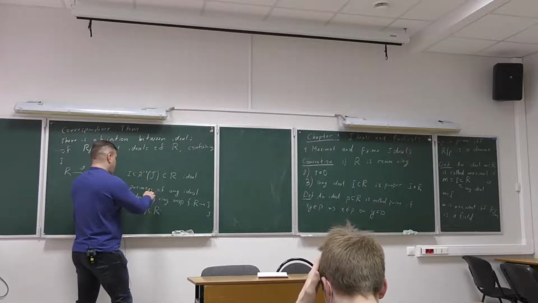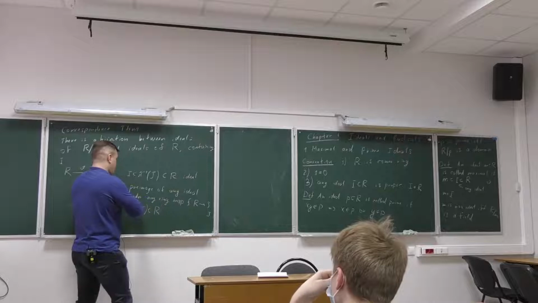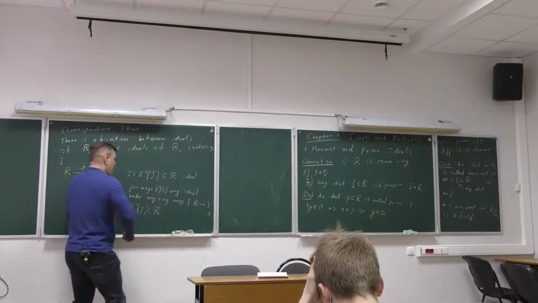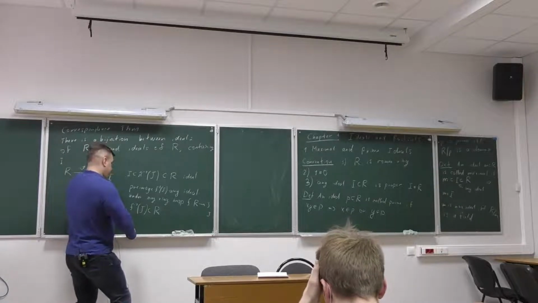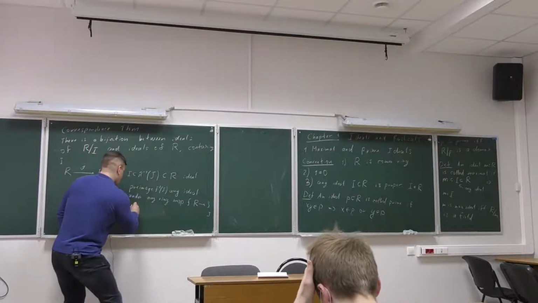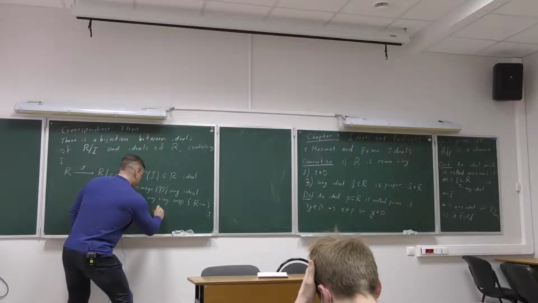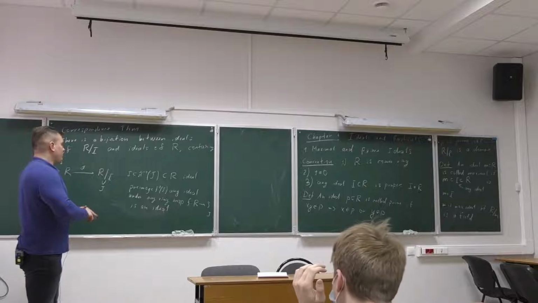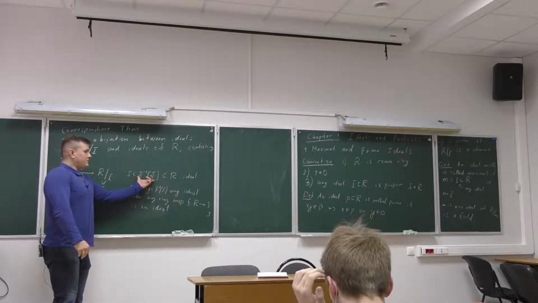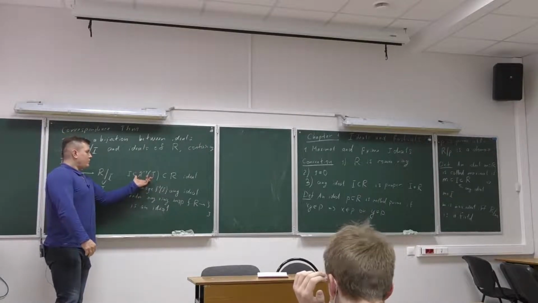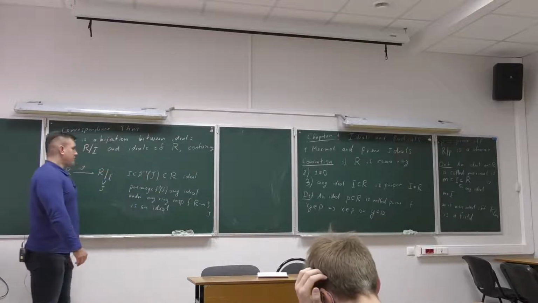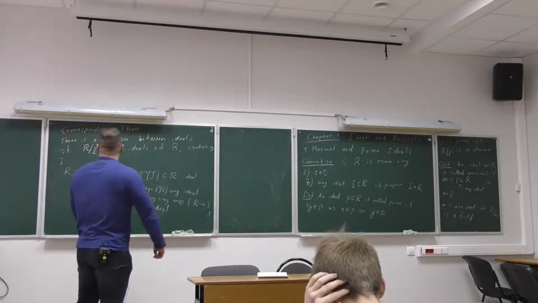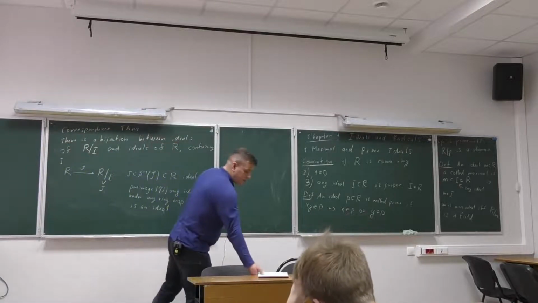So the preimage F inverse of J of any ideal under any ring map is an ideal. So quite an elementary but useful statement. Well, you need to check that, for example, this thing is closed under taking sums and taking products with any element in R, but both these observations are quite straightforward. Okay, so this is what I want to say about the definitions of maximal and prime ideals.